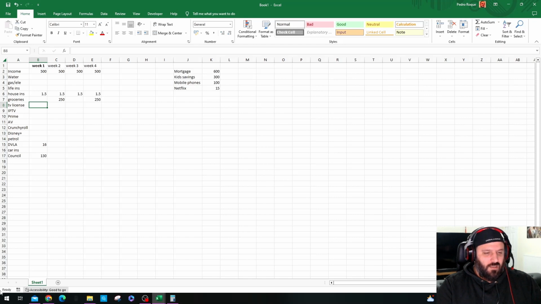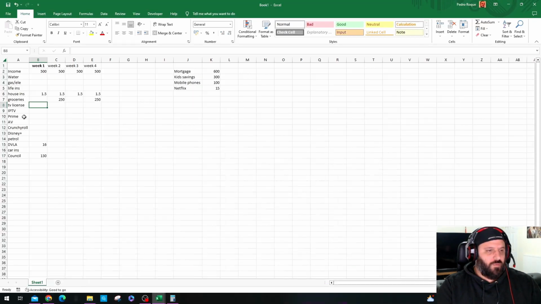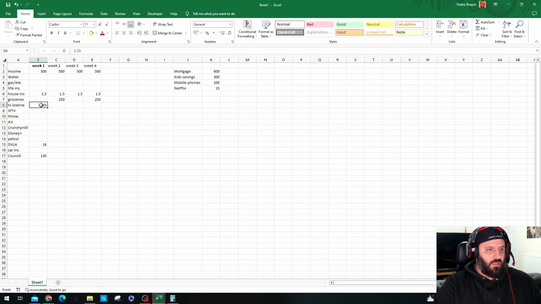TV license, it's 168 divided by 52 weeks, £3.23. Okay, let's put 3.25. Okay, let's spread this out. Obviously, what you can do is you can ignore these ones. So if you got annual expenses, you can ignore these ones, or you can put in a different fund, like yearly expenses, for example.